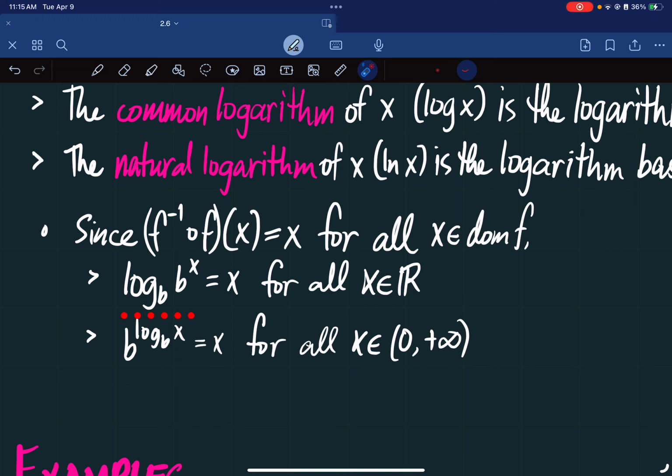If you can recall, f inverse of f of x equals x for all x in the domain of f. In this case, the inner function is b raised to x, whose domain is the set of all real numbers. So this equality would be true for all x in the set of all real numbers.